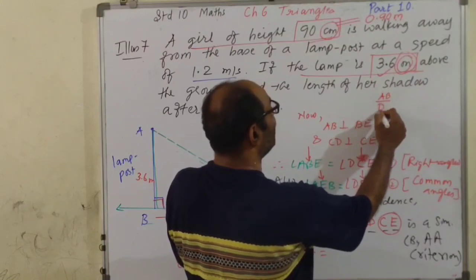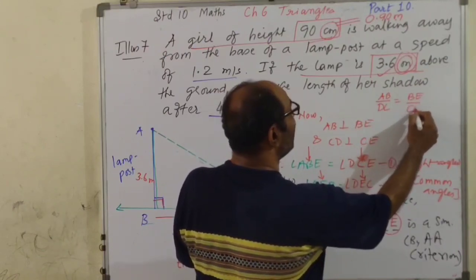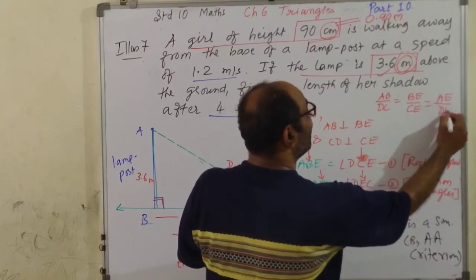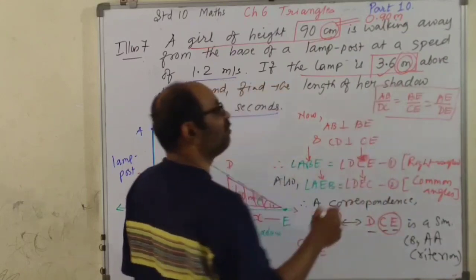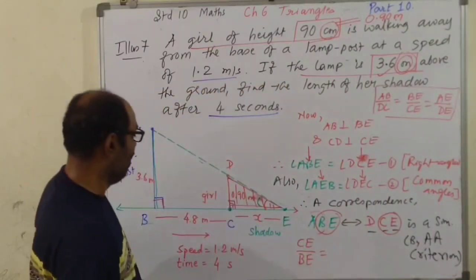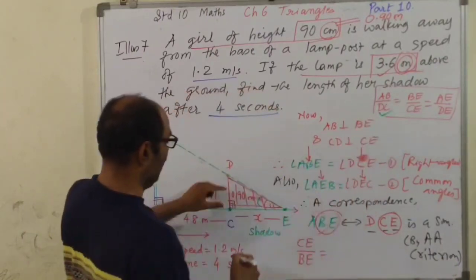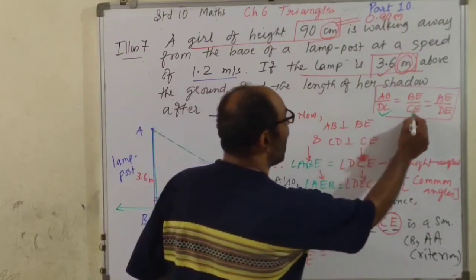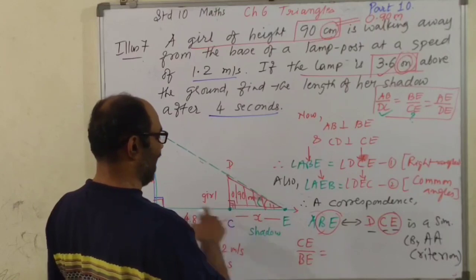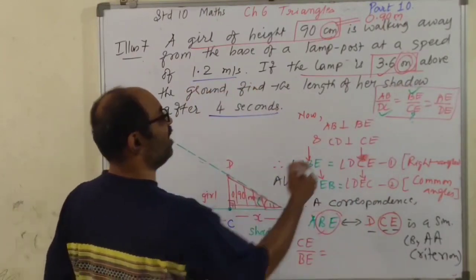AB upon DC is equal to BE upon CE is equal to AE upon DE. ये मिलेगा by definition of similarity. अब इसमें से अवेलेबल कौन सी चीज है देख लीजिए. CD is available, DC या CD. Then CE हमें ढूंढना है. BE मिल जाएगा. ये 4.8 टोटल. BE मिल जाएगा. And AB ये.